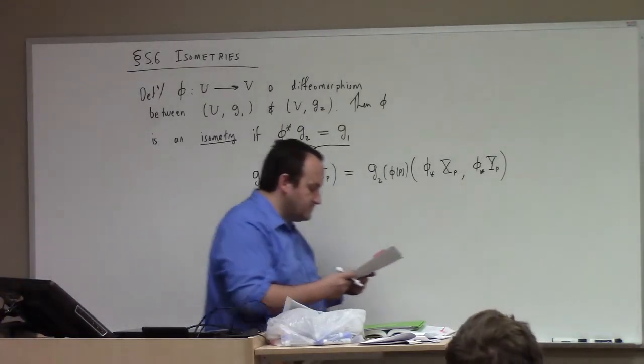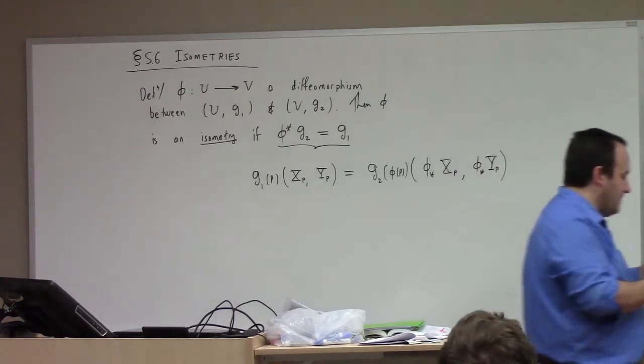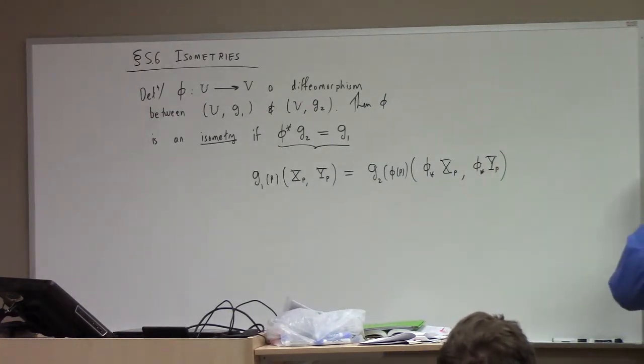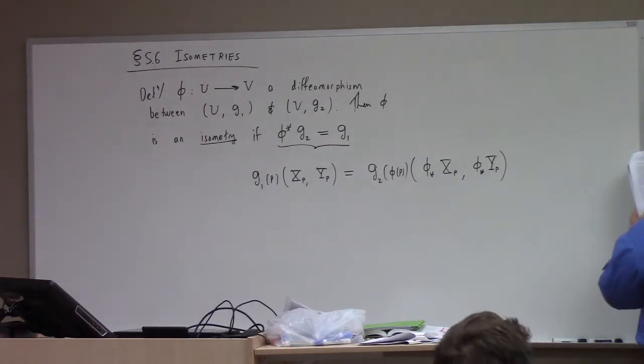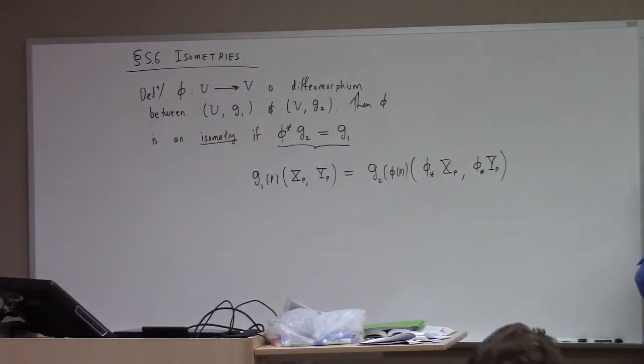Now, let's look at his example. So he starts out small. He says, let's look at U and V both being R2, and let's look at G1 equals G2 equals dx tensor dx plus dy tensor dy.